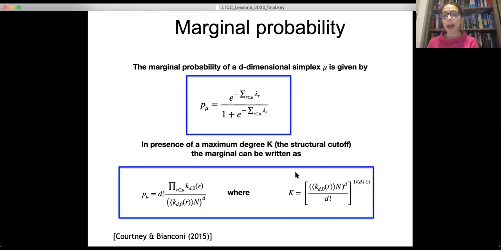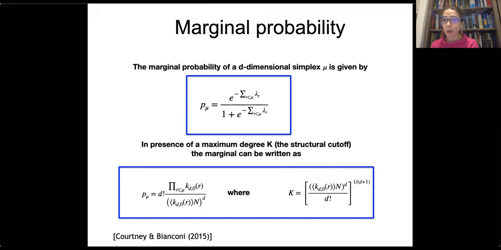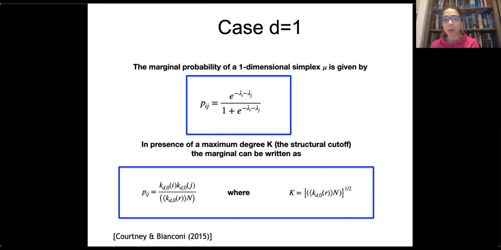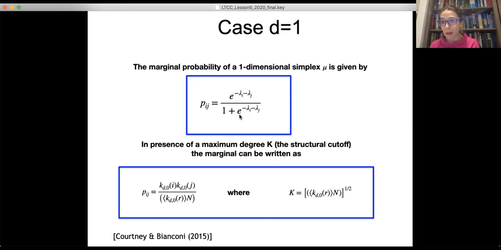And if we allow for a structural cutoff, so for the generalized degree to be bounded by a term that depends on n in this way, then this marginal probability factorizes in the generalized degrees of the nodes belonging to the simplicial complex. So if we want just to check in the case d equal to 1 how the marginal probability looks like, we recover the expression familiar for a network with the structural cutoff scaling as the square root of n.